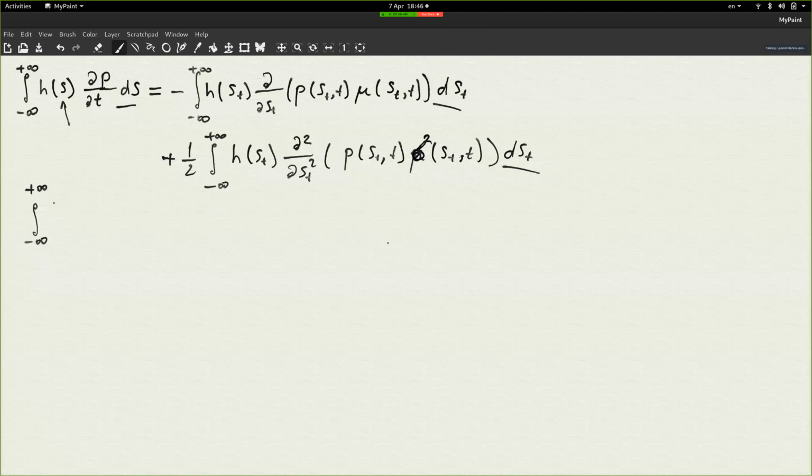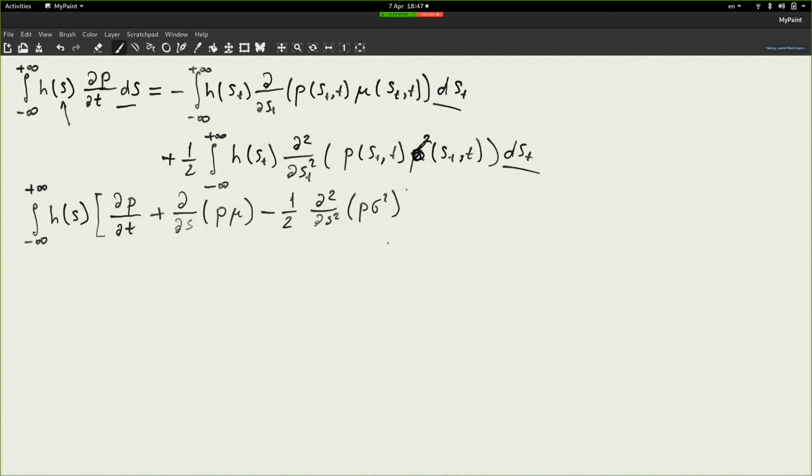It is a dummy variable. h of s times, first of all, dp/dt. Then this integral is moved into the left-hand side as well with plus d/ds of p mu, minus 1/2 second derivative with respect to s of p sigma squared.